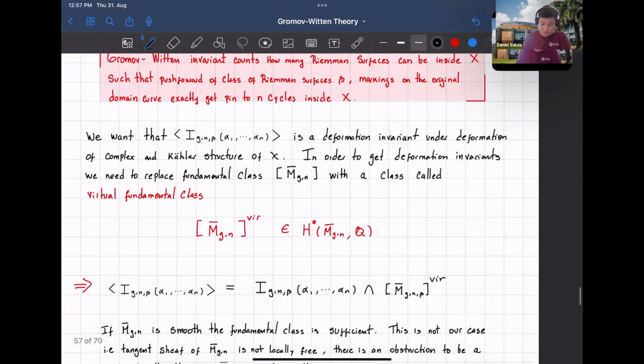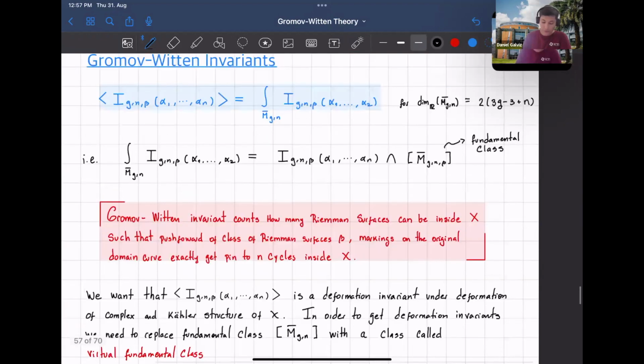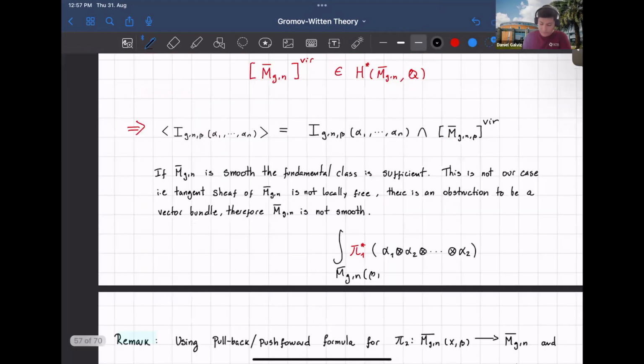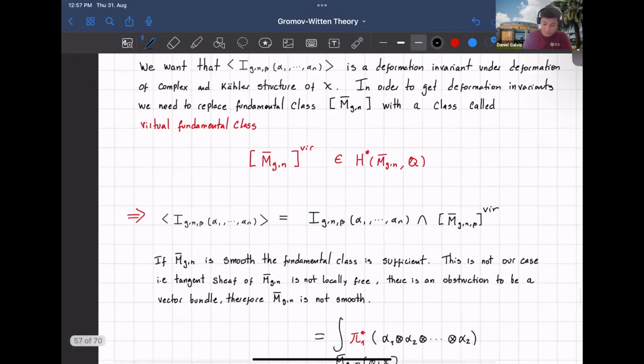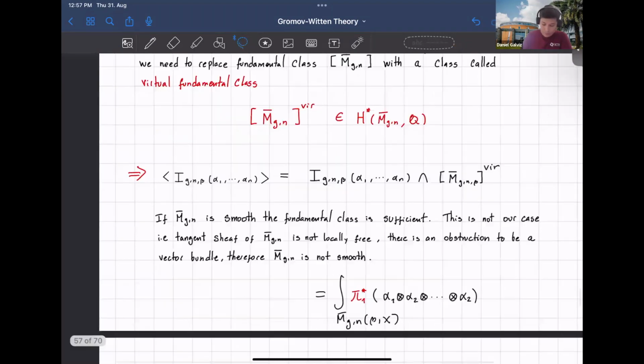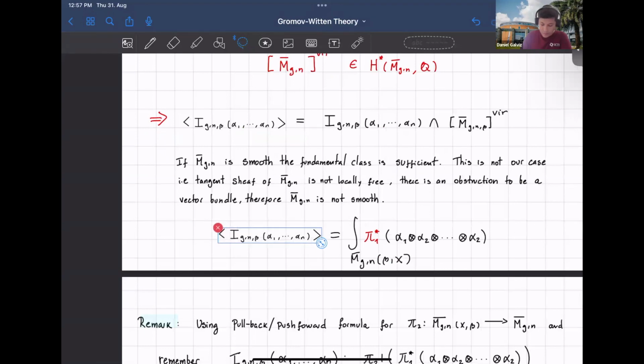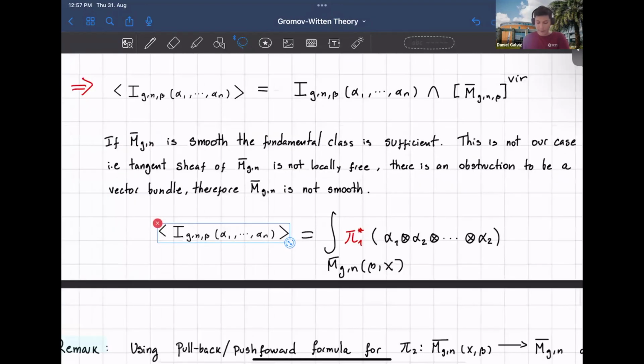Here you are integrating over the moduli space of stable curves, but you can just integrate over the moduli space of stable maps, and it will make sense, and that will define our Gromov-Witten invariants like this. Maybe it's easier for you to see what is happening here, because then you don't need to take care of the Poincaré dual and changing from homology to cohomology and so on.